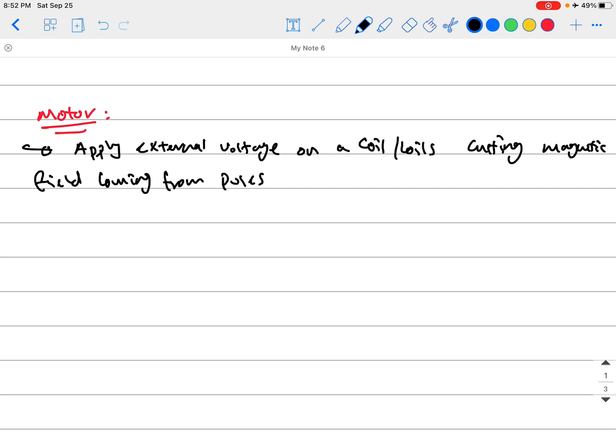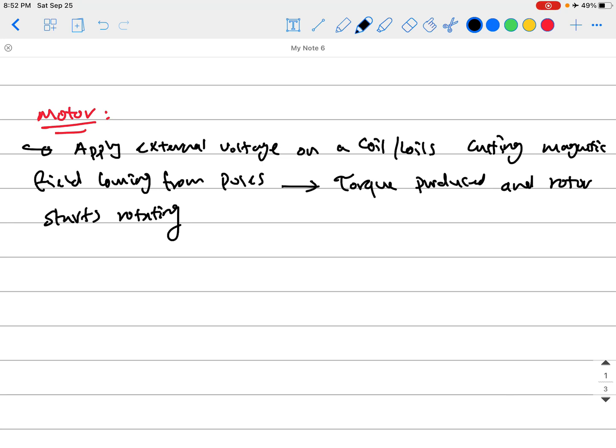You just apply voltage to some coils while these coils cut a magnetic field. These are the conditions you need to have a motor, and now you have a torque produced and the rotor starts rotating. For now, that's how we understand how the motor operates, yes?